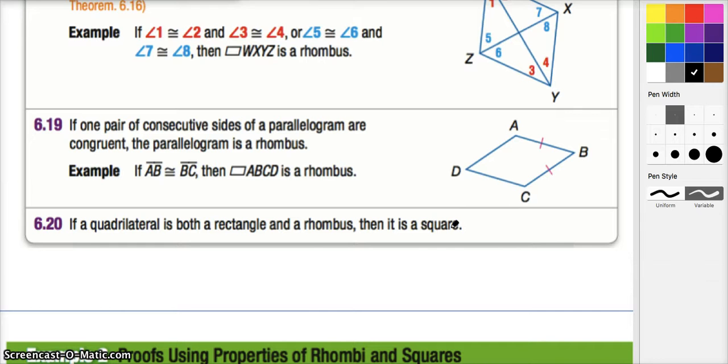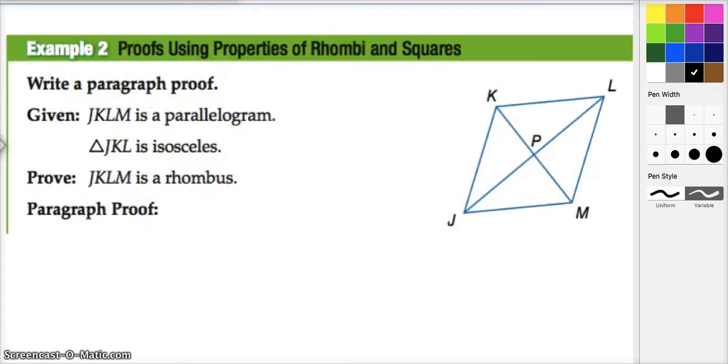So let's look at this last one. If a quadrilateral is both a rectangle and a rhombus, then it's a square. And we saw that since the beginning of our lesson today.